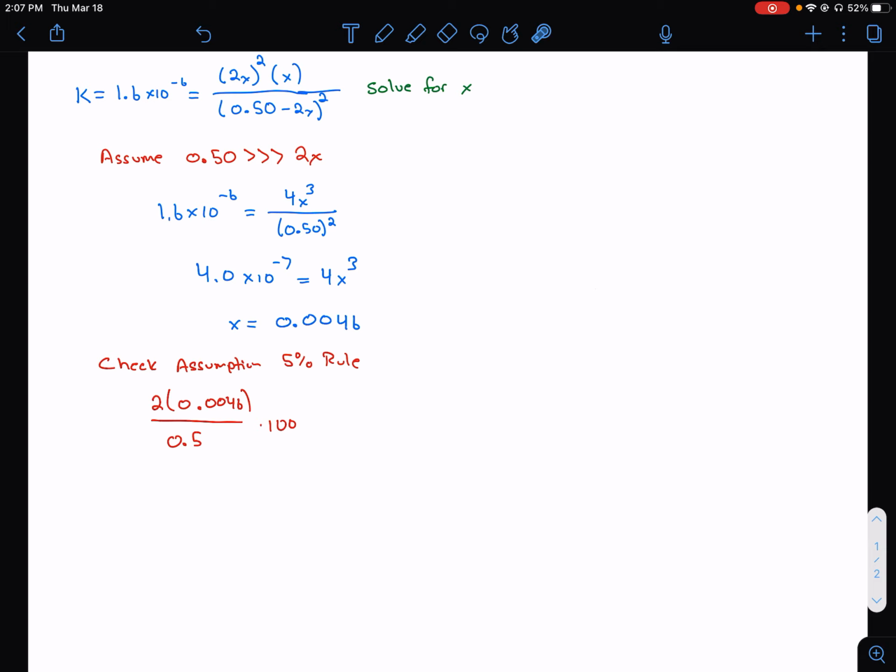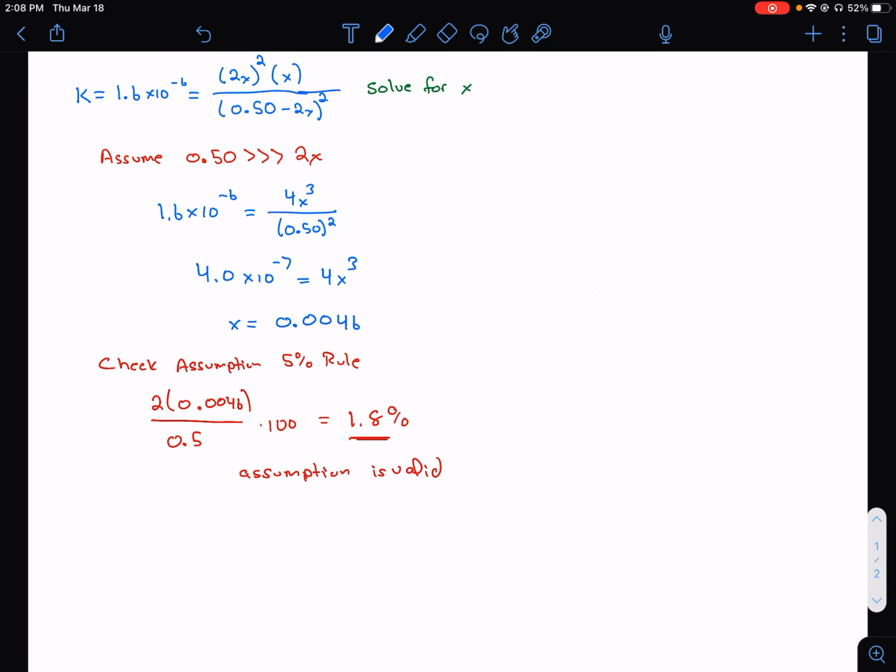So all I did was take a ratio of our assumption, so 2x divided by 0.5 times 100. If we do this out, we get 1.8%. So because this number is less than 5%, we can say our assumption is valid.